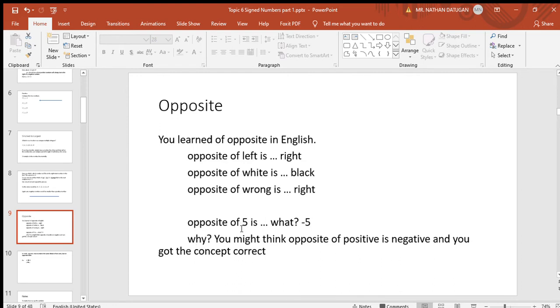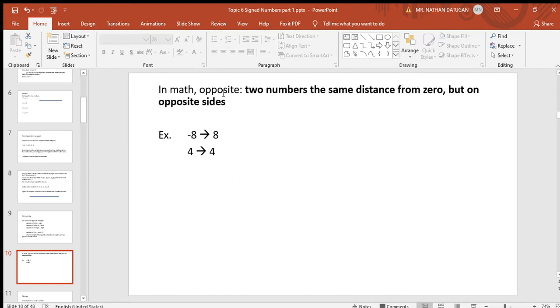Some of you might think that the opposite of positive is negative, and you got the concept correct. In math, opposite or inverse is two numbers the same distance from 0 but on the opposite side.